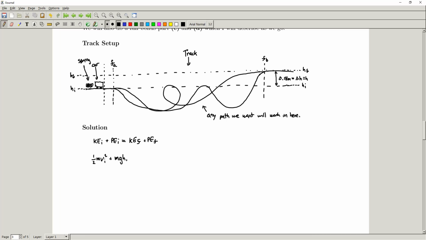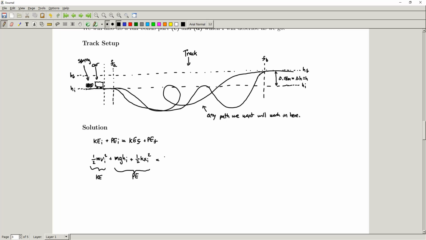So some initial height times our mass and gravitational acceleration. But because we're dealing with a spring here, we could also have some initial spring potential energy, right? And we would write that like that, and I'm going to call this x, our initial x, our initial spring compression. So here we have all of our sources of kinetic energy, and here we have all of our initial sources of potential energy, and these need to be equal to the final energy.